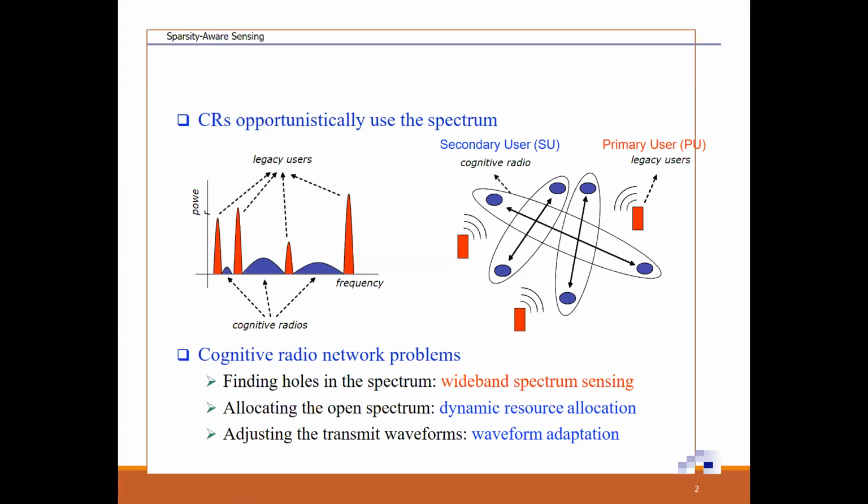We have to minimize out-of-band radiation. So how do you shape your waveform? That is what would help you restrict your spectrum within a particular band. So that is what is called waveform adaptation. And of course, dynamic resource allocation, which is what I discussed now.